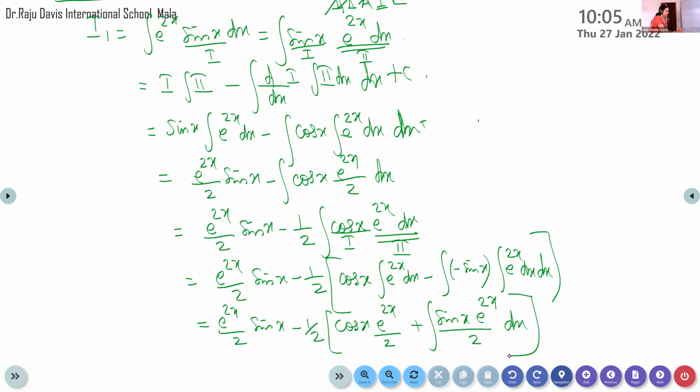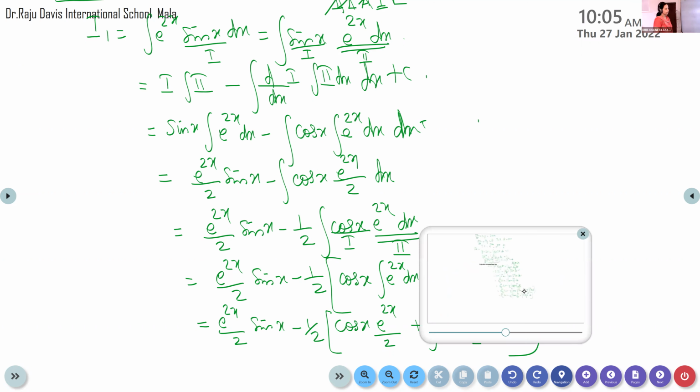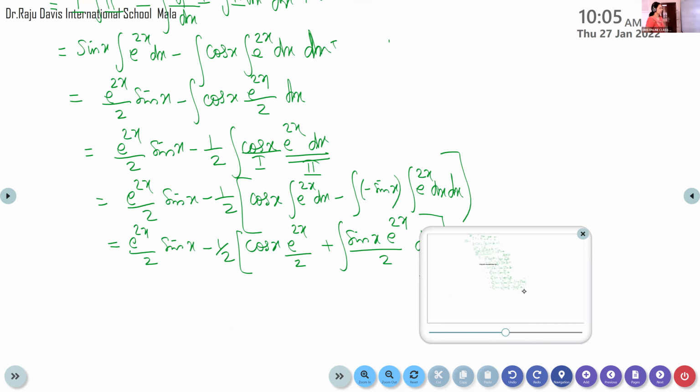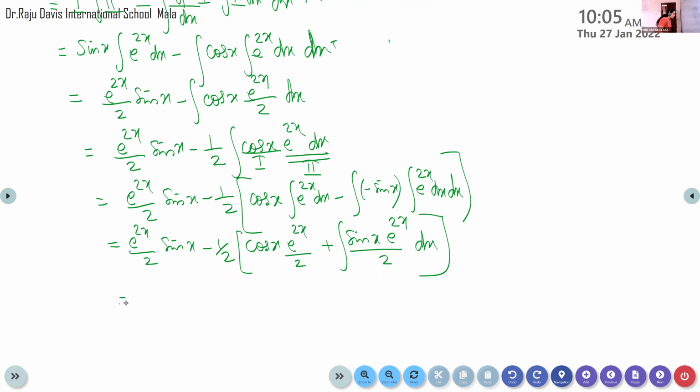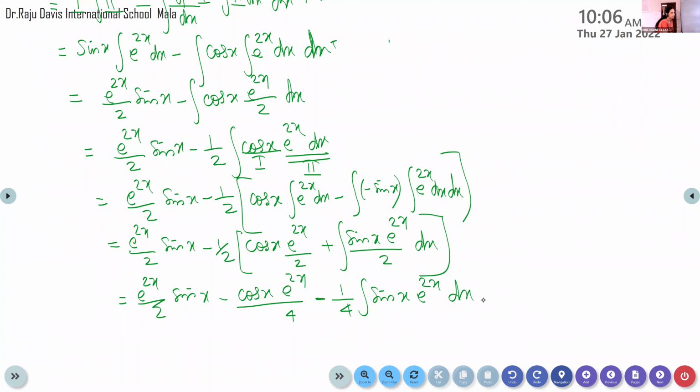For the whole thing, 1 by 2 is common. So that is equivalent to e raised to 2x by 2 sin x minus, when we open the bracket, cos x e raised to 2x by 4, plus into minus 1 by 4 integral of sin x e raised to 2x into dx.